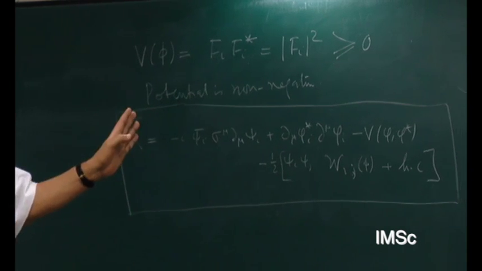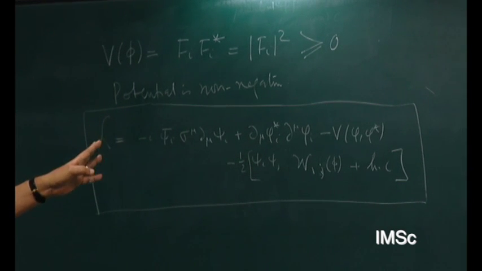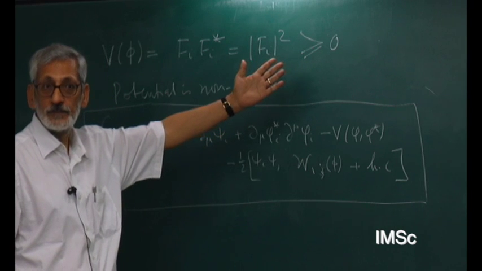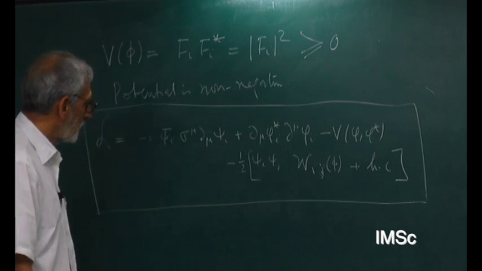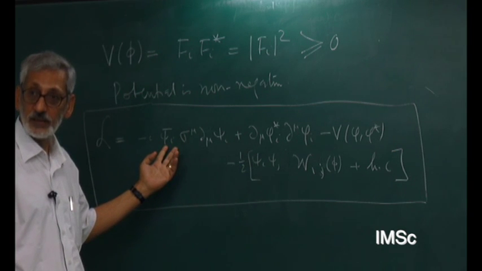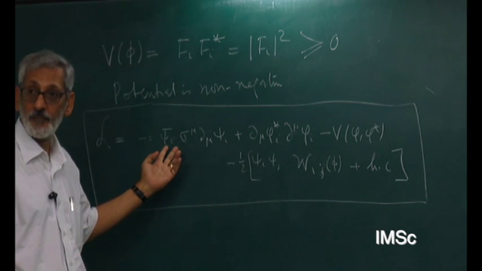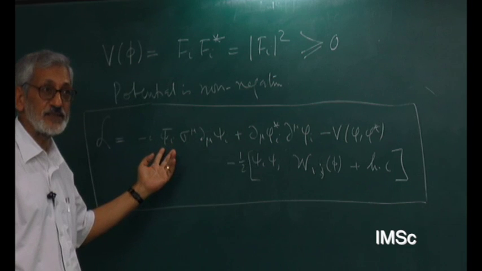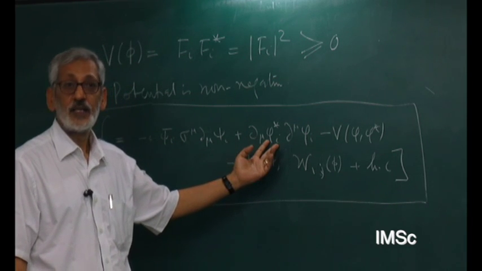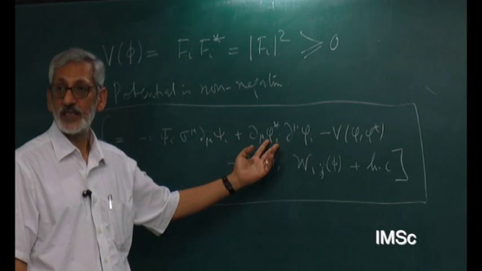It has only dynamical degrees of freedom. And the potential is non-negative. What does this describe? This describes a set of fermions, psi_i's, and a set of scalar fields, complex scalar fields, phi_i's.